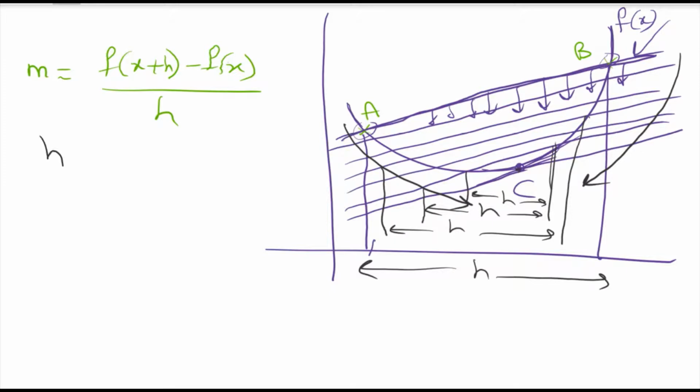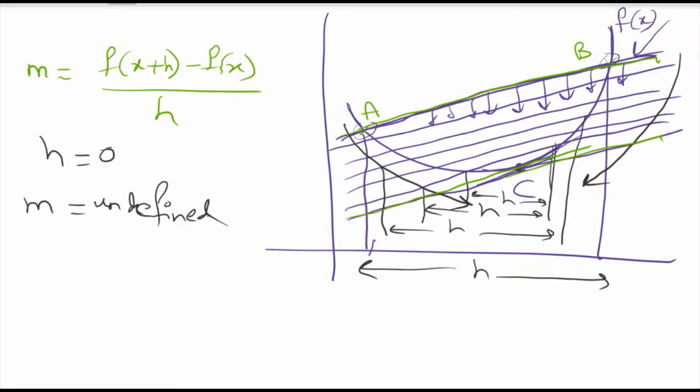If h equals 0, m will be undefined. But all of these lines are parallel to each other. If I am able to define the slope of this first line AB, I should be able to define the slope of these parallel lines too, because all the parallel lines have the same slope.